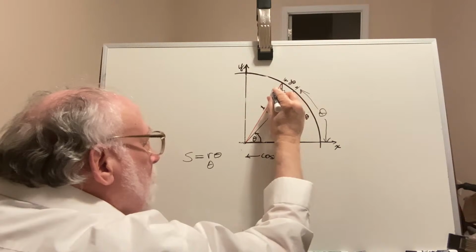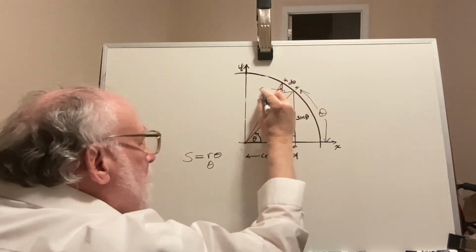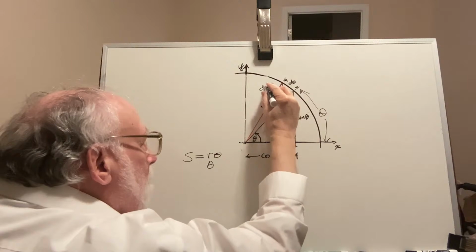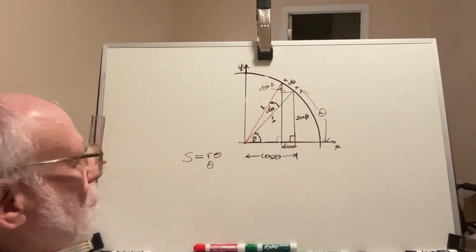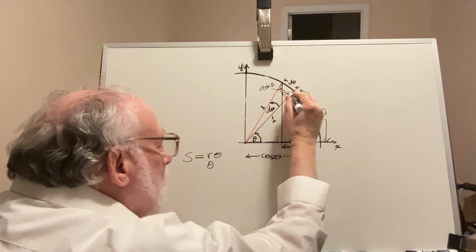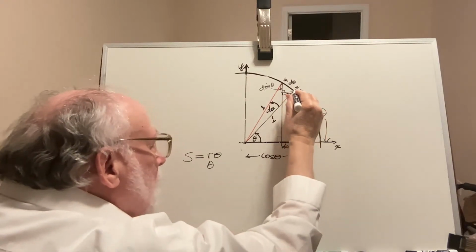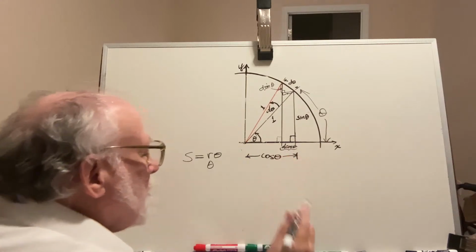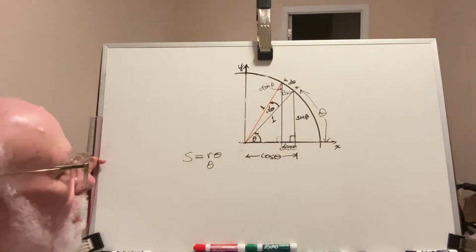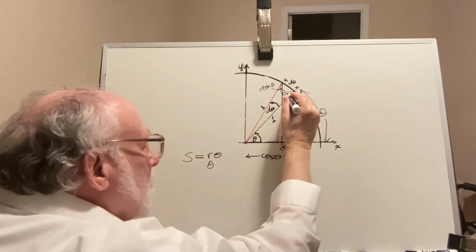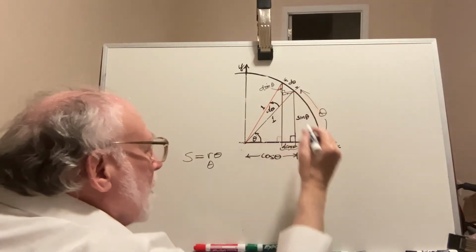So that's going to be d sine theta. Now, what about the length of this side? Well, it's not d cosine theta because this is negative. It's a negative change, all right? So this length is going to be minus d cosine theta.